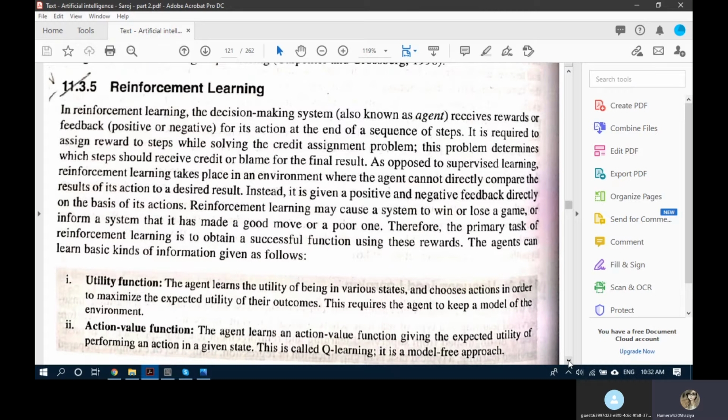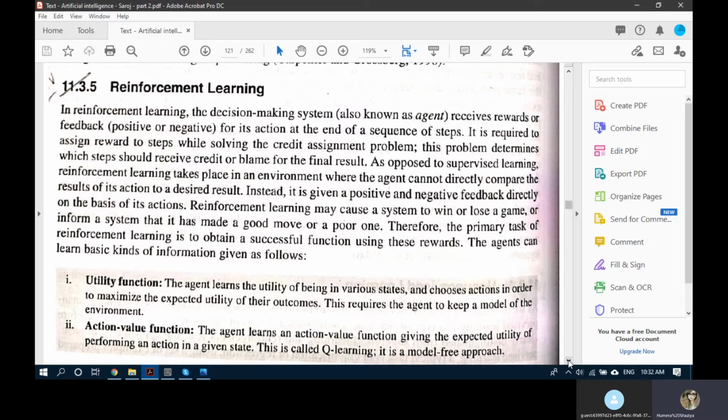Reinforcement learning, this is another kind of learning. So far the primary learning mechanisms studied are supervised and unsupervised. This is the third one, reinforcement learning.